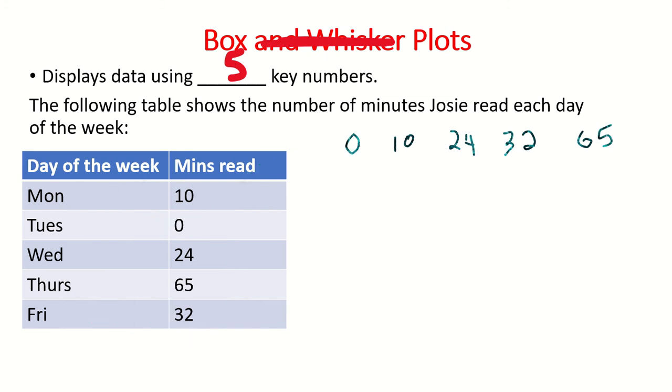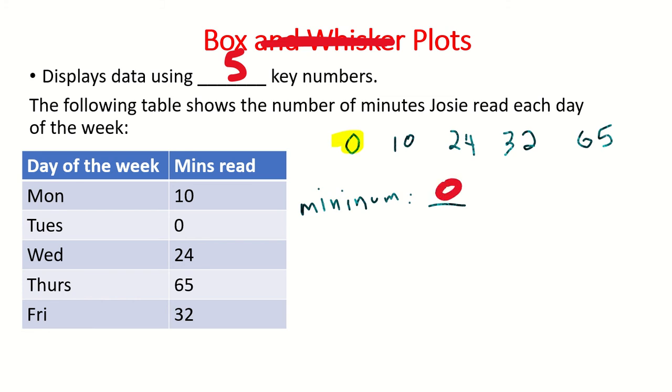So, first number that we need is the minimum. This is the first term. The minimum, that means the smallest number. Okay? So that's going to be the 0, right? That's the minimum amount of minutes that she read.